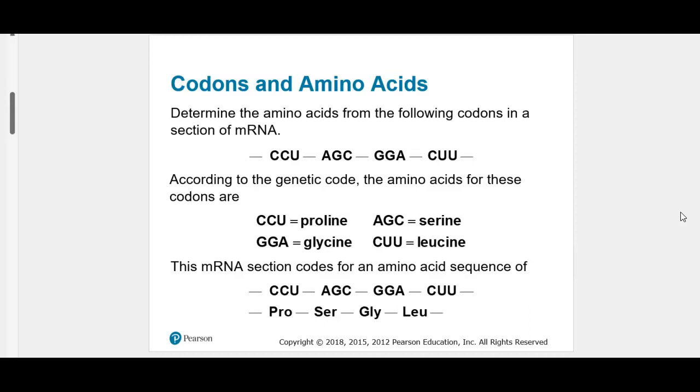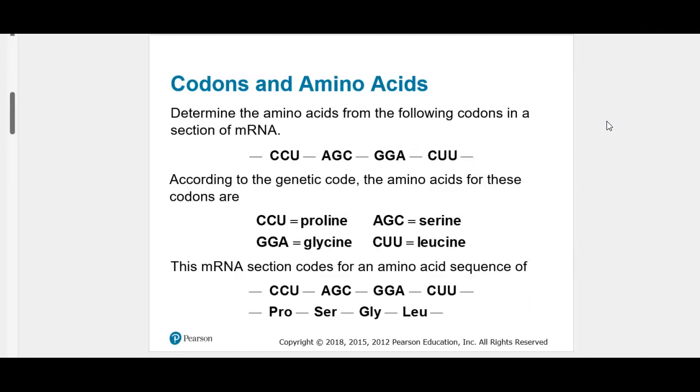I'll go into this a little bit deeper. The codons in messenger RNA are given here as CCU, AGC, GGA, CUU, and if you're asked to identify the amino acids, you're simply going to take each three, the first three, CCU here, and look it up in the genetic code. What does CCU stand for?